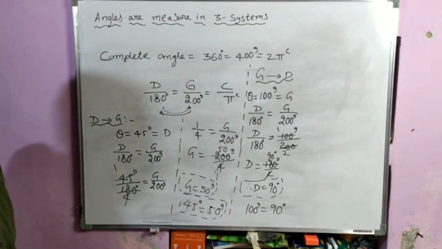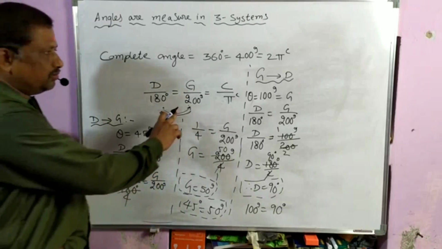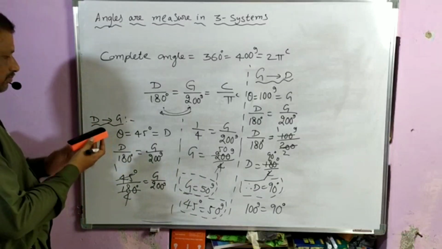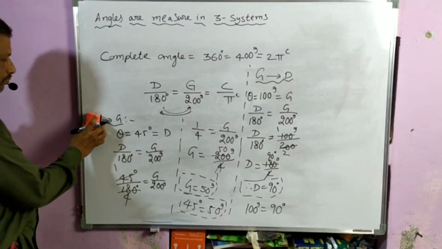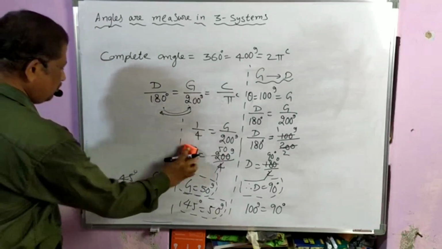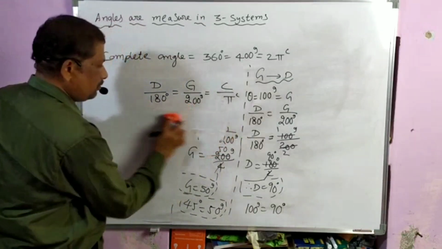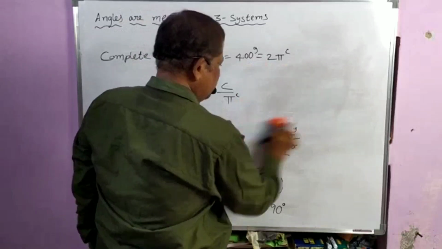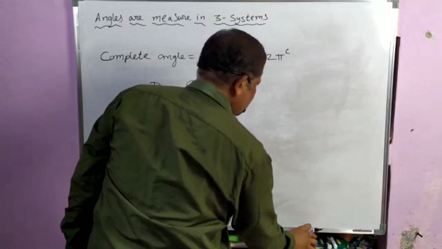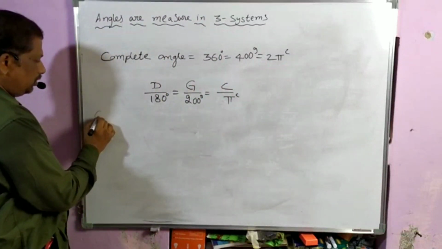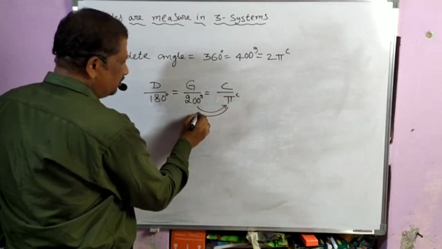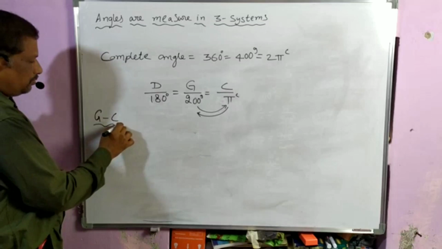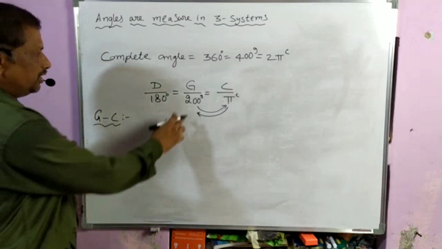So copy it. Next conversion, grades to radians, and radians to grades. So you take these two relations.